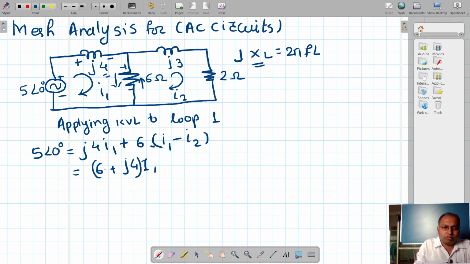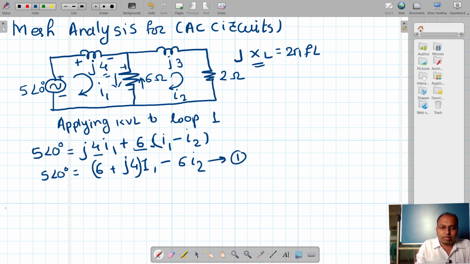I have clubbed this J4 and this 6 together, creating one complex term. And the remaining term is minus 6I2. So this is your equation number 1.